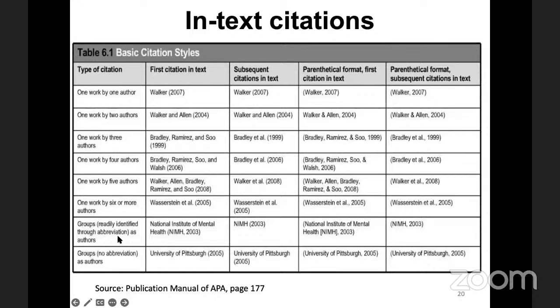And when you have a corporation, organization, or any other institution you'd like to cite, you can cite it this way. For the first citation in text, you can use it like this, but later you can use the short form. So this is how you can use this kind of in-text citation style.